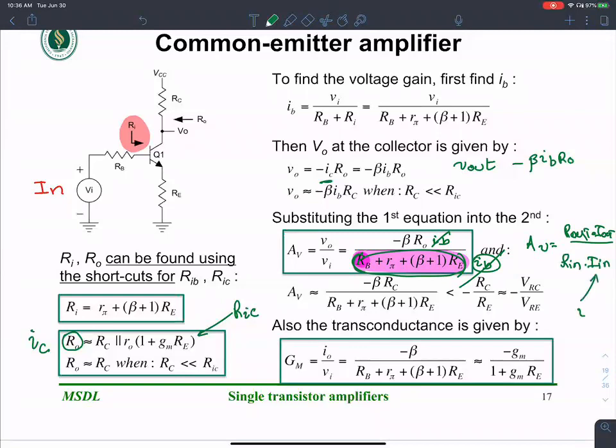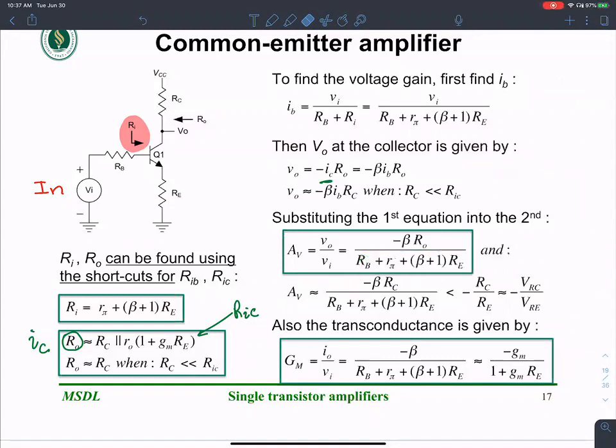I input is IB, R input is RB plus RIB. Similarly, R output is RC in parallel with RIC. Should be more careful in writing this.